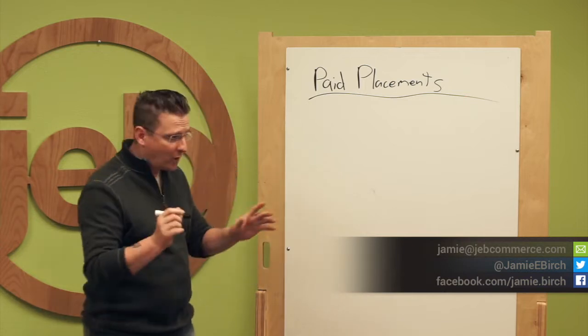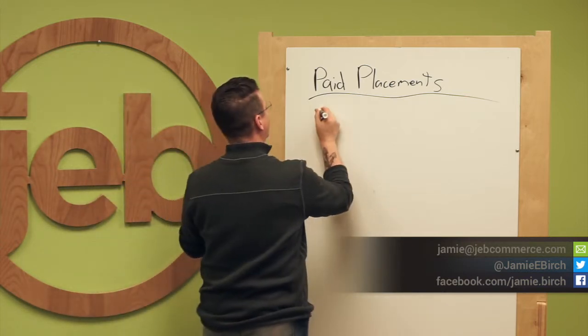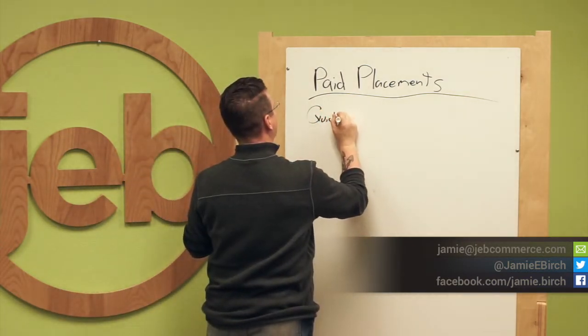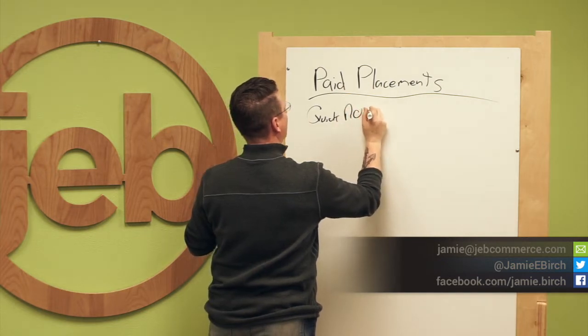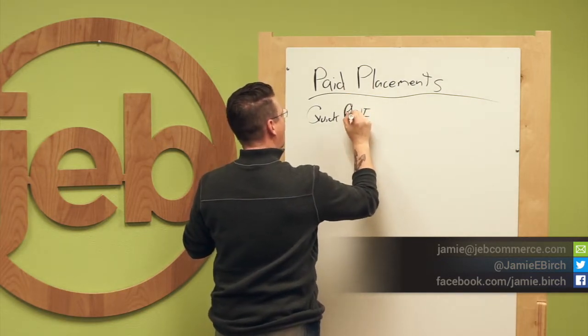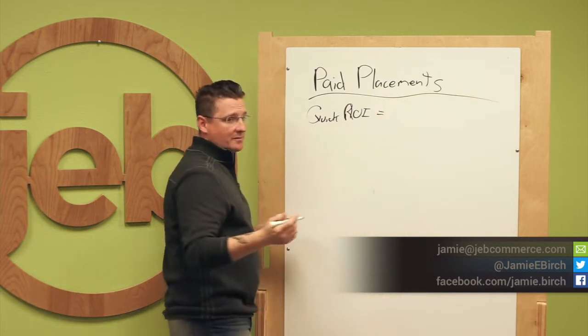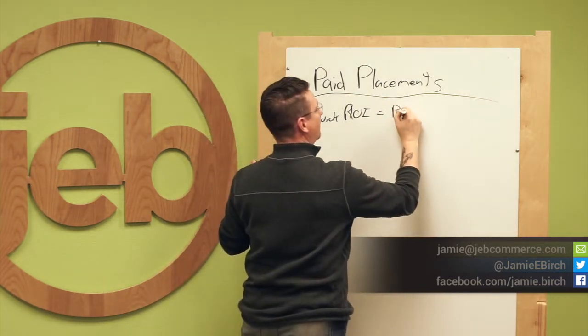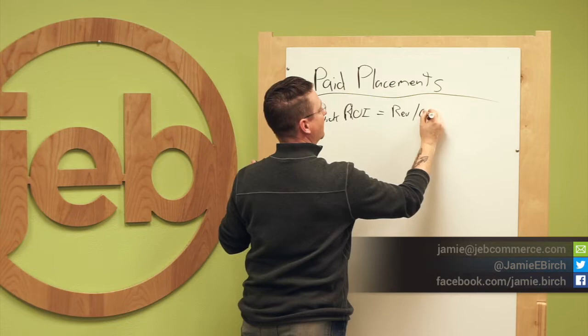So there's a really quick check we call the quick ROI. And that's an R, which is real simple. It's the revenue generated by that paid placement divided by cost.